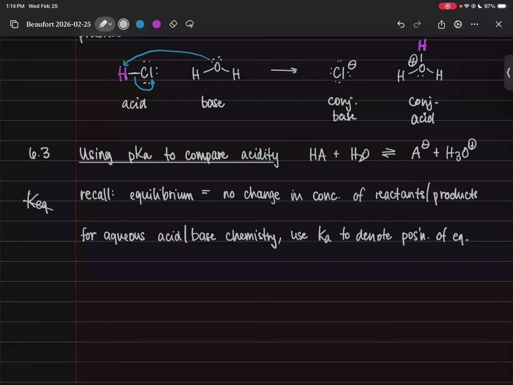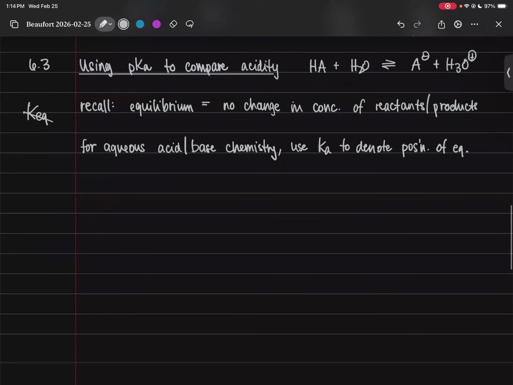To denote the position of the equilibrium. I'm not going to make you do math, but you have to see how this works. So this should look kind of familiar. Ka is going to be the products divided by the reactants.